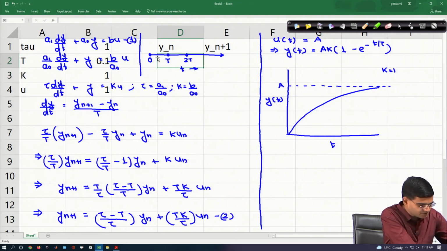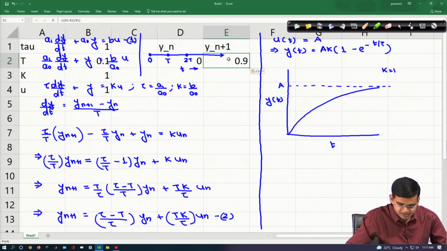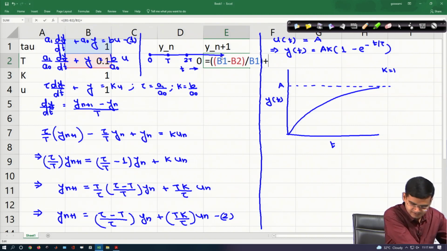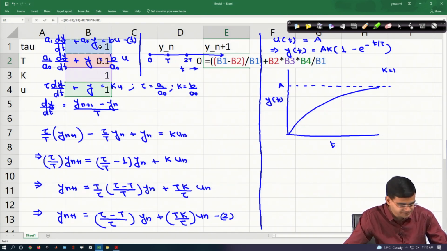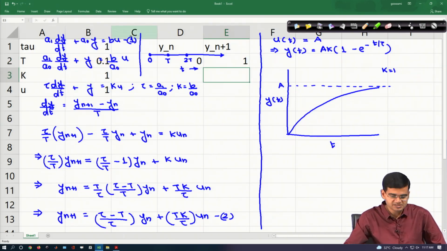Let me give some initial value of y n, which will be 0. So, this is equal to this, and let me complete the formula. This plus T into K into u n divided by tau. Okay. So, this is my whole formula.